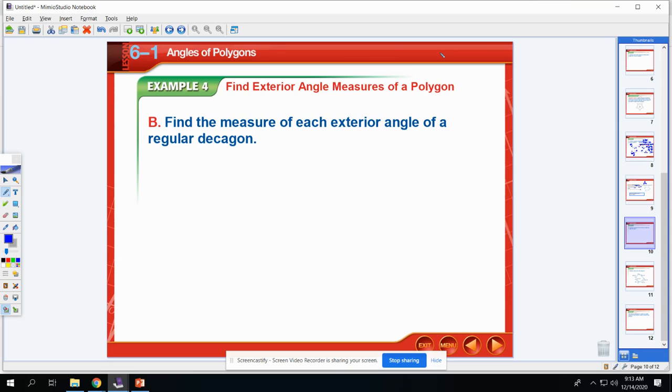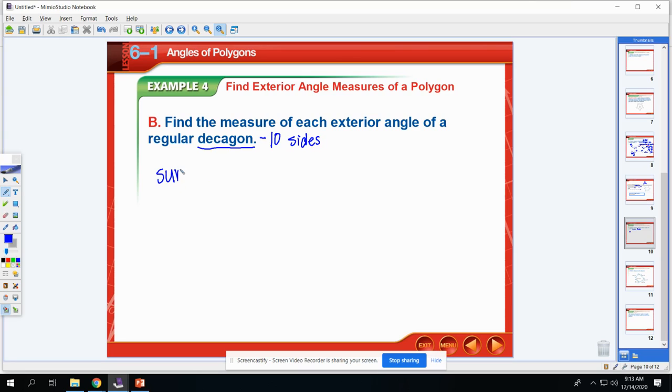Right here, the question says, find the measure of each exterior angle of a regular decagon. So we have to ask ourselves here, how many angles does a decagon have? There are 10 sides or 10 angles in a decagon. We know that all 10 of those are going to add up to 360.